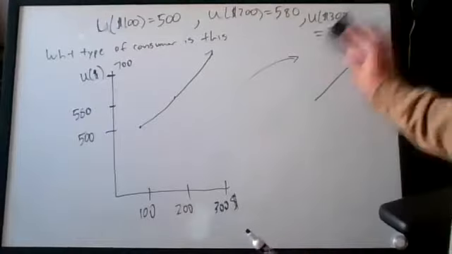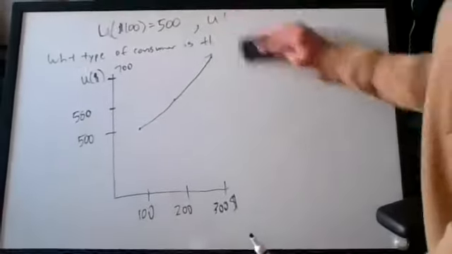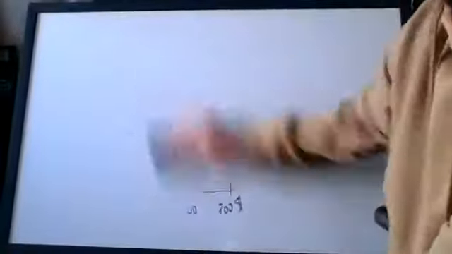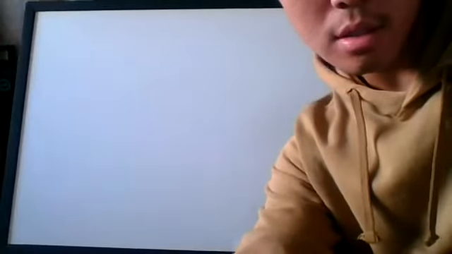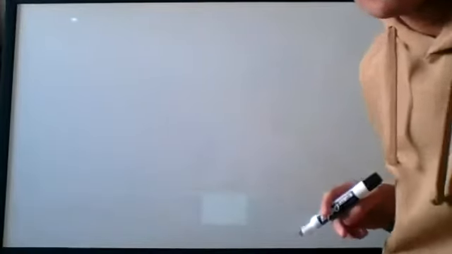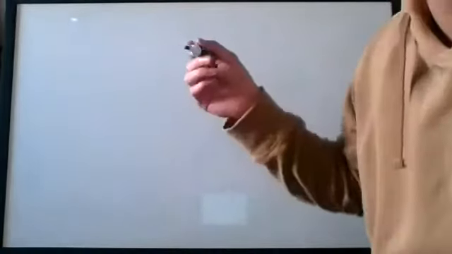Okay. So let's move on to some other problems. I want to take you through extra problem set 7. This has to do with production. Let us do question 2 first.